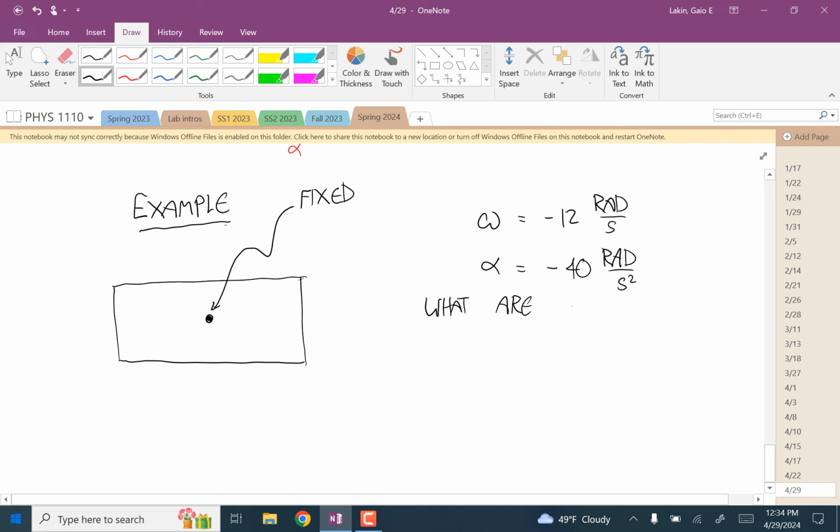What are the velocity vector, the tangential acceleration vector, the centripetal acceleration vector, and the total acceleration of the point A?